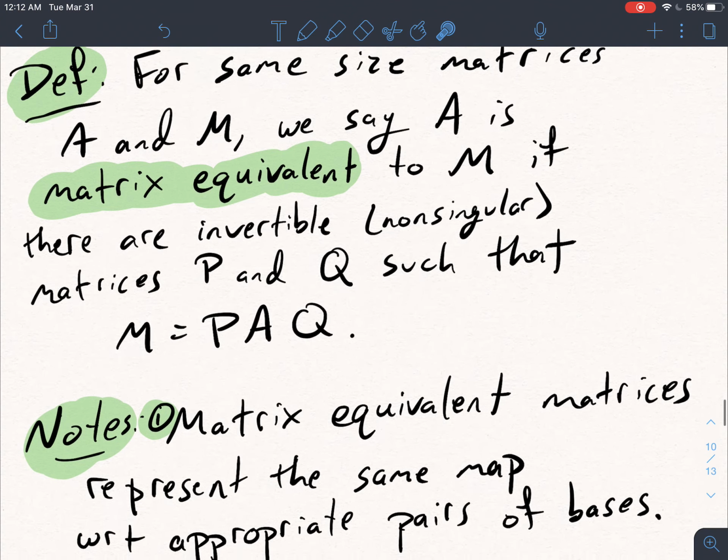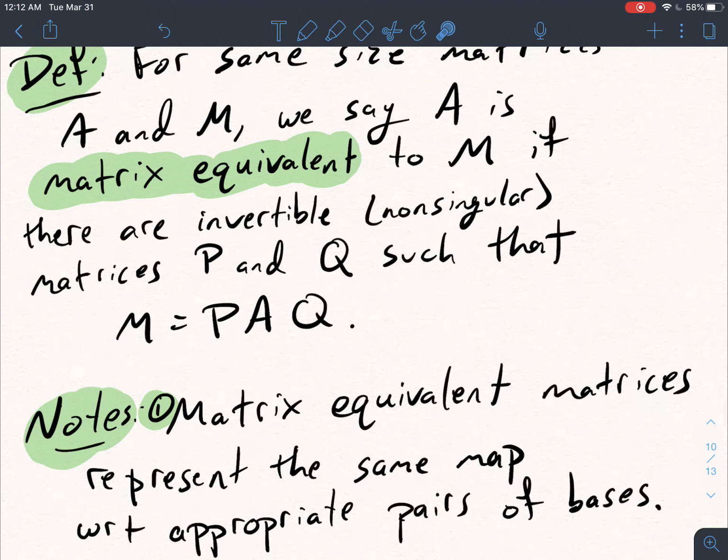So a couple observations about this. First, matrix equivalent matrices represent the same map with respect to appropriate pairs of bases. This is because P and Q are non-singular matrices, therefore they are change of basis matrices. So A represents a map F with respect to some pair of bases, and then multiplying by change of basis matrices on the left and right just changes the representation of that map with respect to those bases.